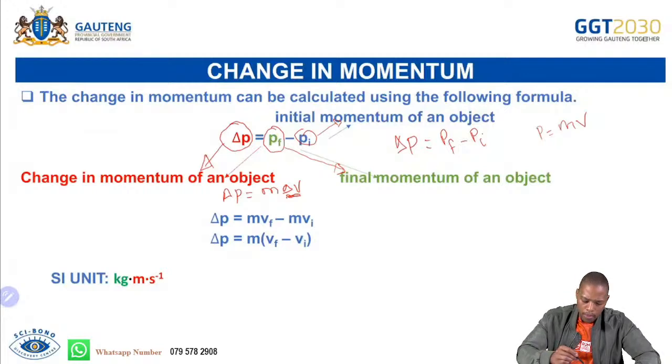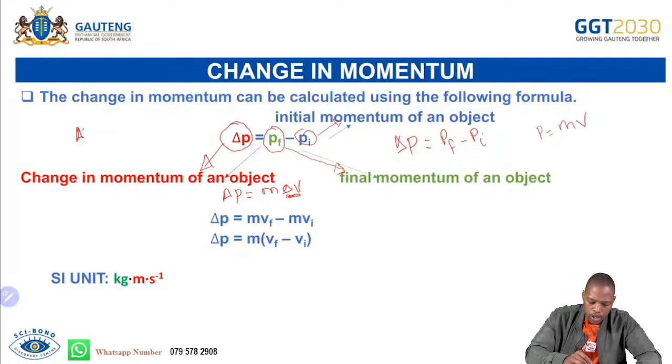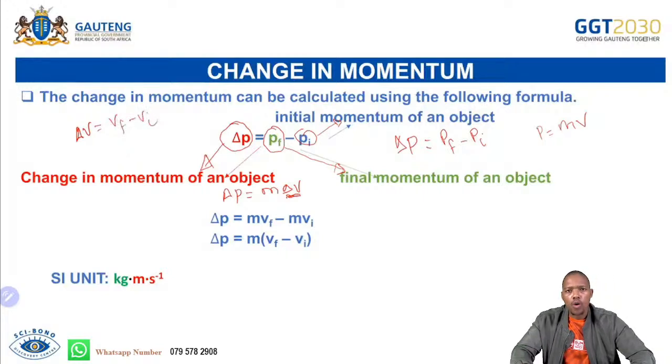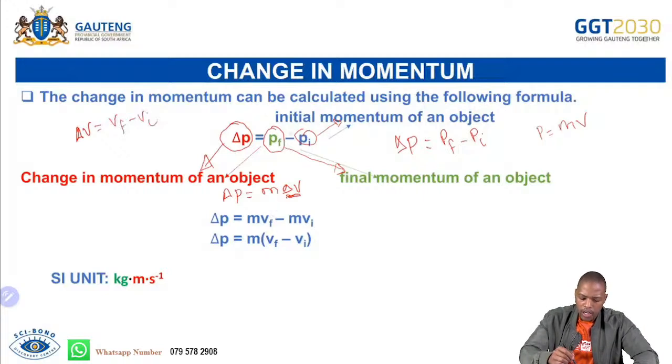Now, if you remember from grade 10, change in velocity we represented as Vf minus Vi when we were doing acceleration. We also did it even last week. Change in velocity is given by Vf minus Vi. So if that is the case, instead of writing it as Pf minus Pi, I could write this formula as delta P is equal to m delta V, change in velocity. That's the thing that will cause the momentum to change.